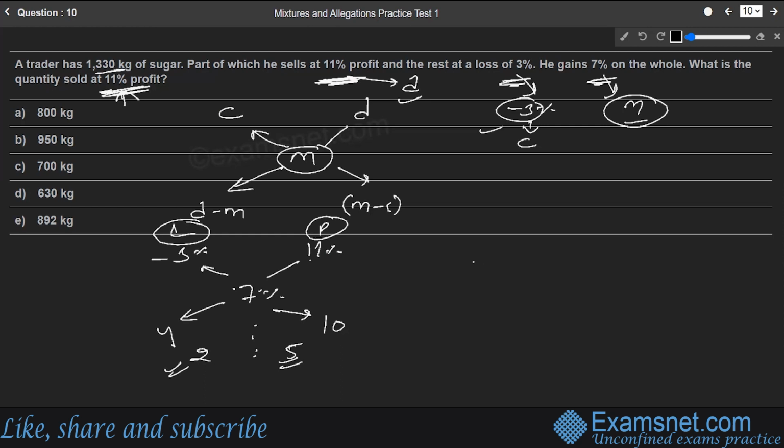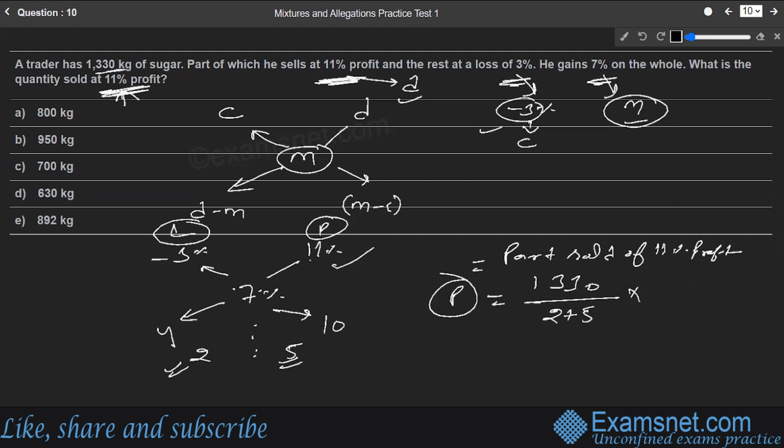So that can be found out by the part sold at 11% profit. One part is how much? We can find out: the total quantity is 1330 kg divided by the sum of the ratio parts of the loss and profit, which is 2 plus 5, into the number corresponding to the 11% one, which was 5.